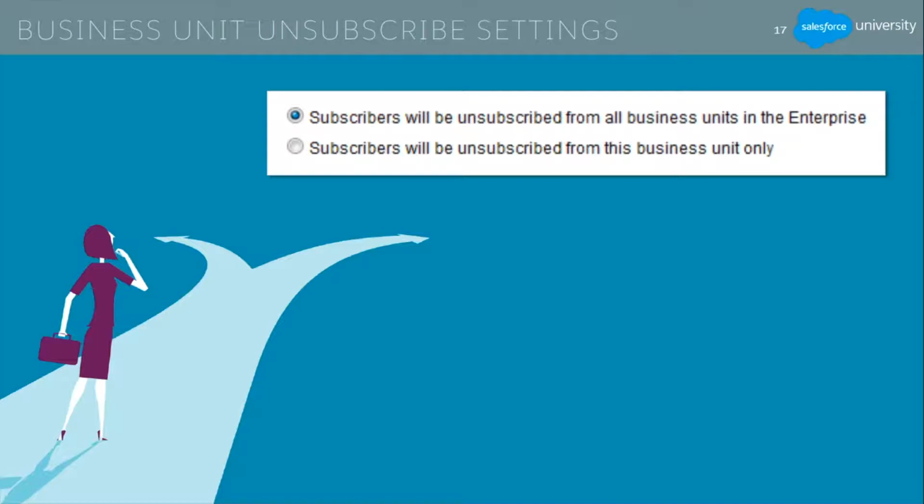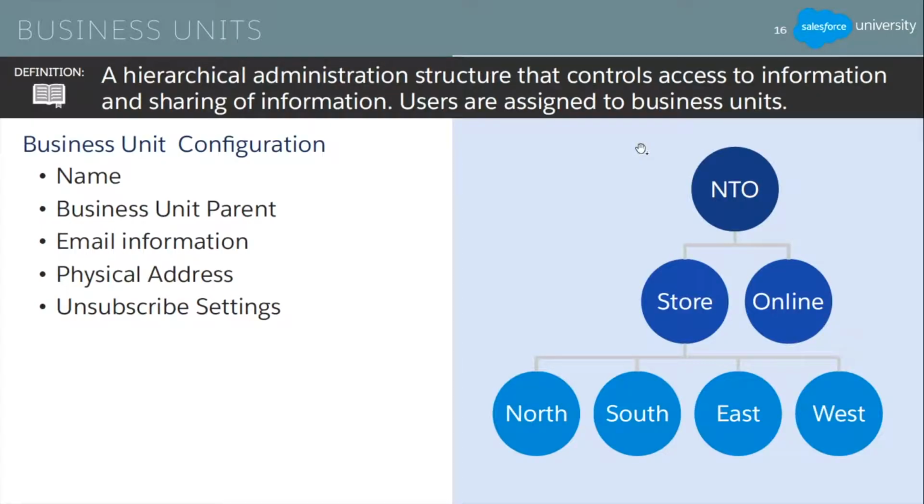So this is also why we do not send from the enterprise level account. Because if we send from NTO here and Johnny unsubscribes from NTO, then Johnny has also unsubscribed from the store and online for each of these regions as well. We've just lost access to him through multiple facets.